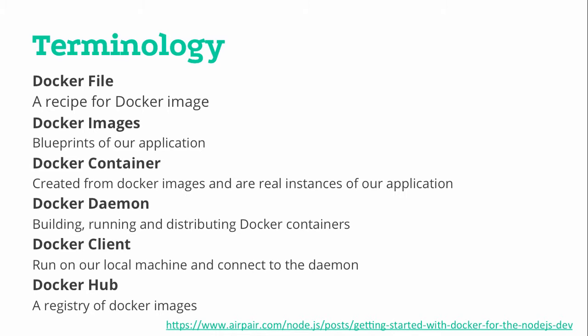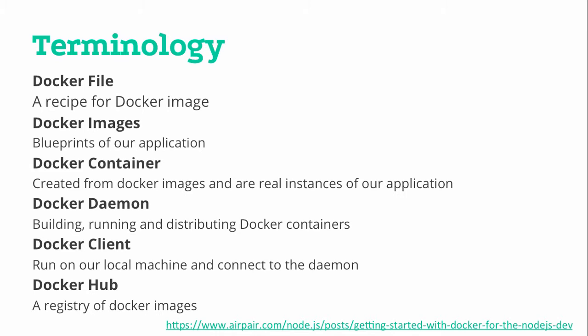Some terminology. We're going to be using these terms intensively. I assume some of you are already familiar with them, but for those who are new to Docker, I will breeze through these terms. Dockerfile is basically a recipe that instructs the Docker daemon how to build a Docker image.